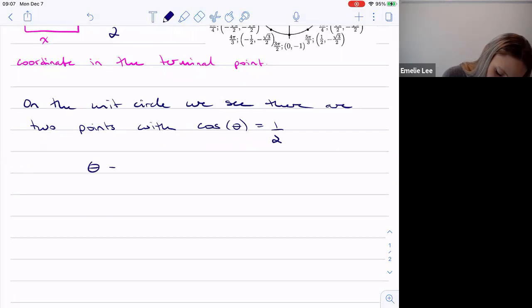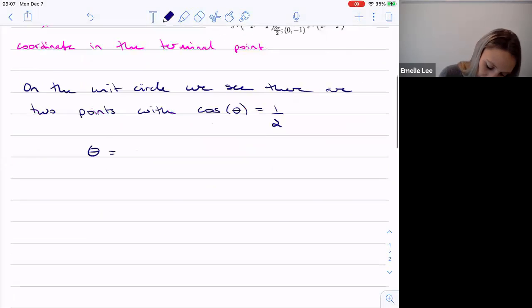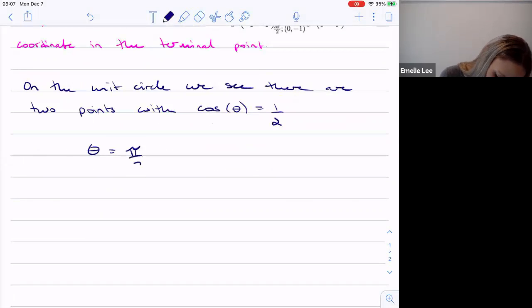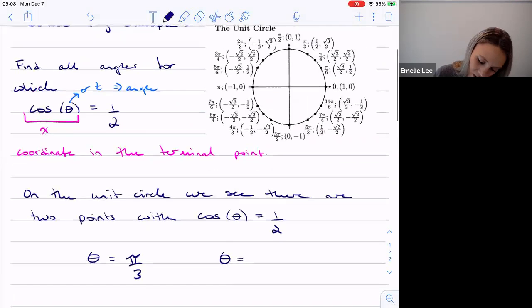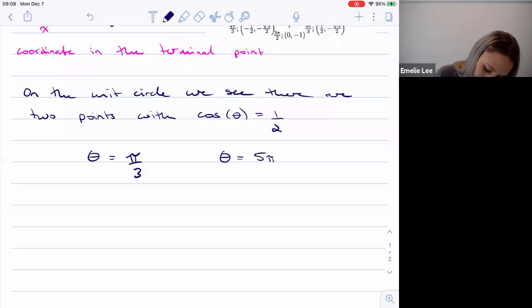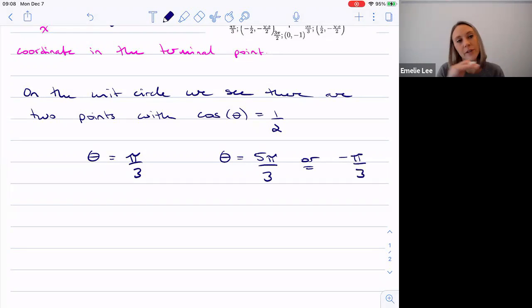The first one being theta equal to pi over 3, right? That's in the first quadrant. The second one is where theta is 5 pi over 3, or if you prefer, negative pi over 3, right, moving in the clockwise direction, right?